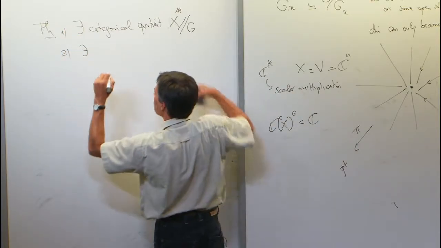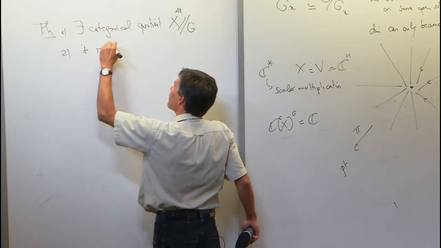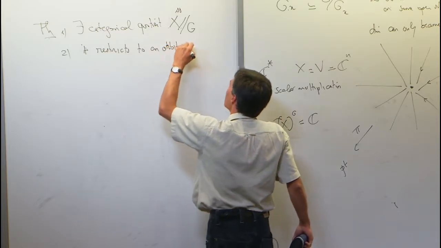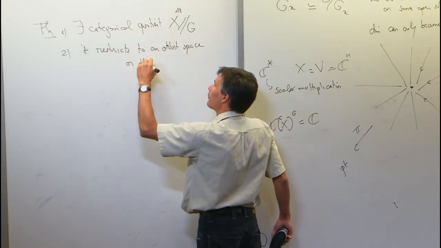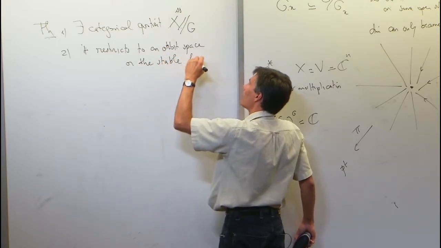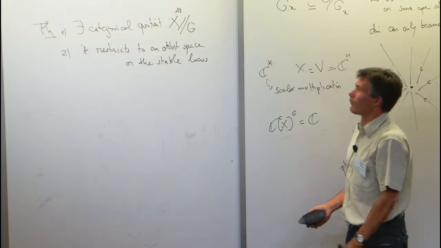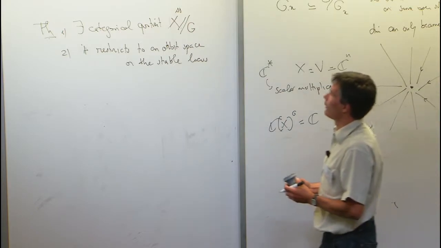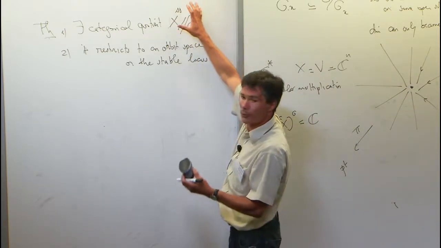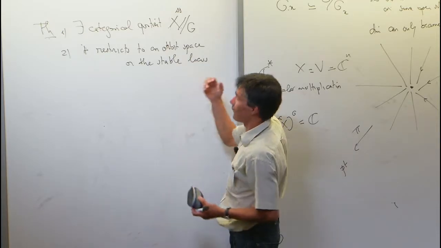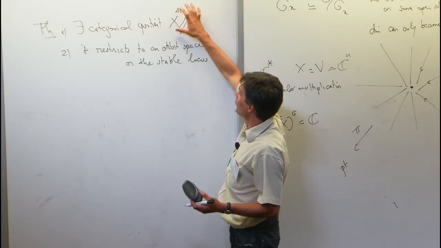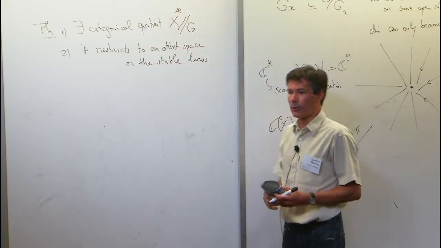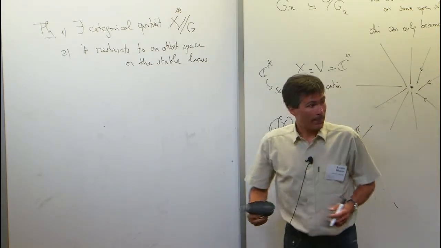And it restricts to an orbit space on the stable locus. I really want to mention this theorem because that's one of the culminating points of the theory. It tells you that you can do a quotient. It tells you exactly, well, there are some subtleties here, which points you have to keep to be able to make this quotient. And it tells you that you really have an orbit space when you restrict to the stable locus.